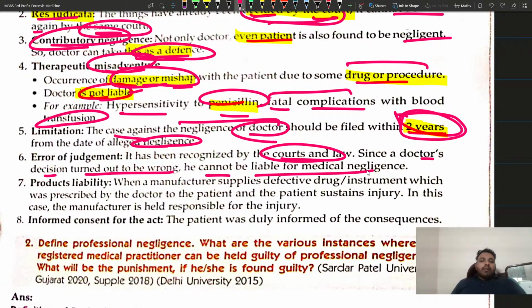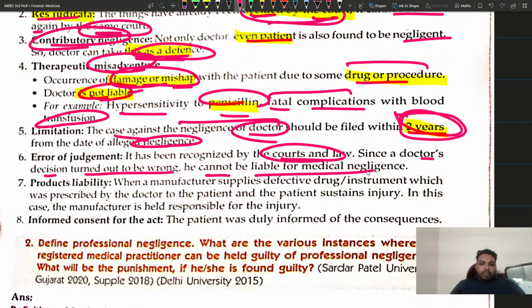Product liability, for example, for those who are willing to take orthopedic surgery as a profession. You have put a plate or a rod in a person. But unfortunately, that rod was defective, or some issues happened due to the product, not your procedure.